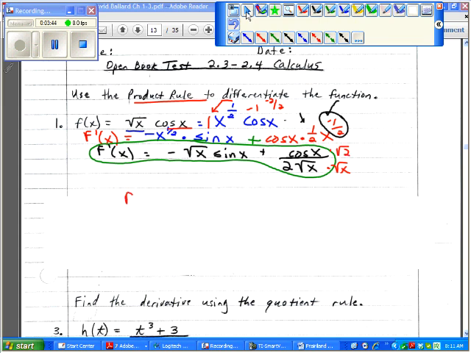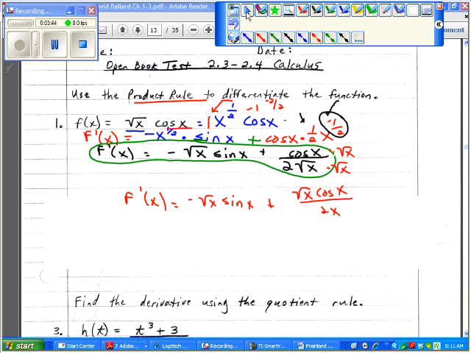And what that would give me is f prime of x is equal to negative square root x sine x plus, and then that's an x right there. That's square root x. And so then what I would have is square root of x cosine x over 2x. And I can say, well, it's still kind of yucky, but I don't have a radical in the denominator.